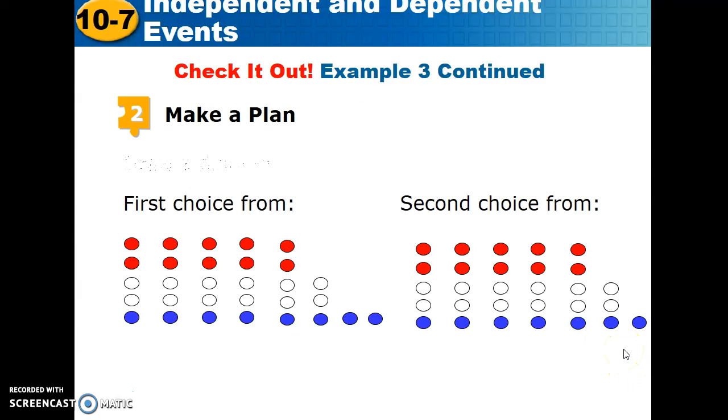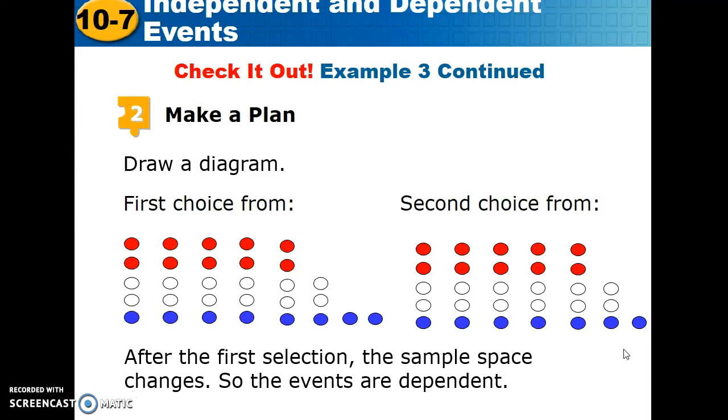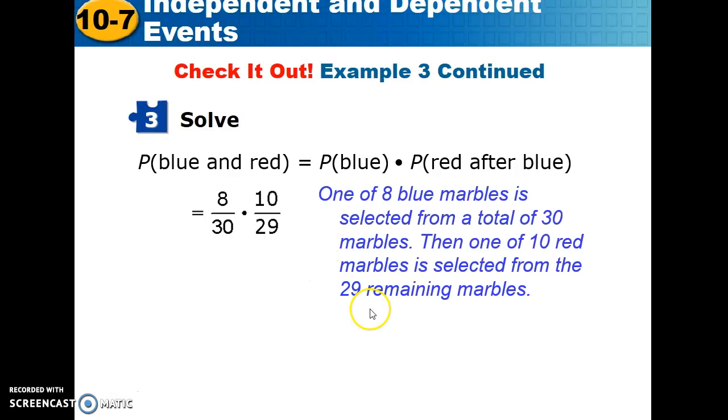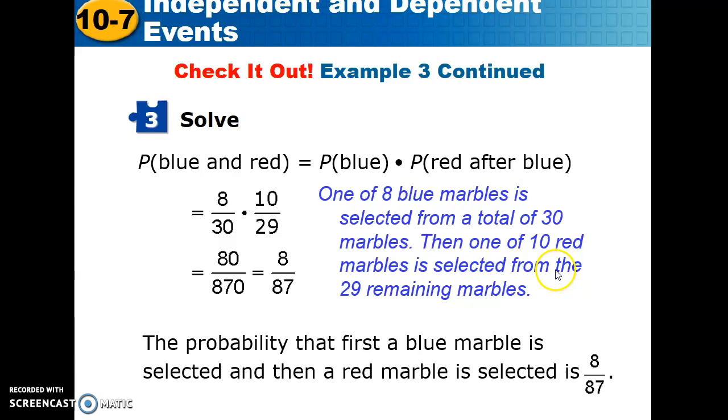Here's our picture. Drawing our diagram. After the first selection, we know the sample space changes. We have a dependent event. So we write it out using our formula for dependent probability. We find those values, 8 out of 30. Notice the sample space changes in the second part, and the probability of red would be 10 out of the remaining 29. Multiplying together, we simplify to 8/87.